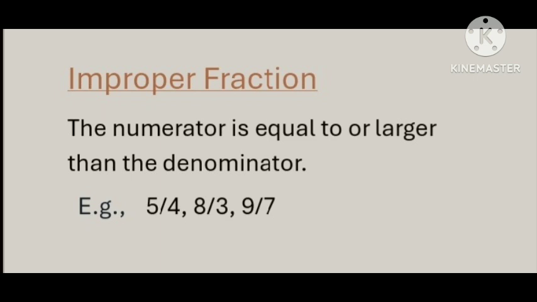Meaning it represents a whole or more. For example, 5 by 4 is like having one whole pizza plus an extra slice. It's a fraction that doesn't hold back and isn't afraid to go beyond limits.